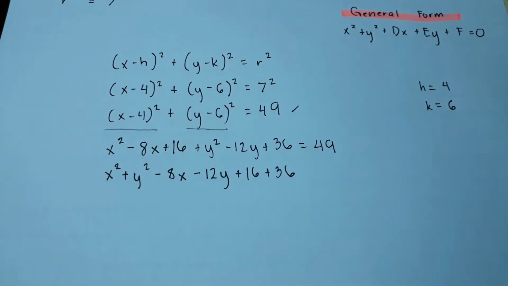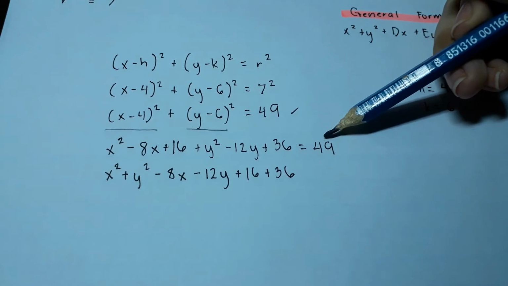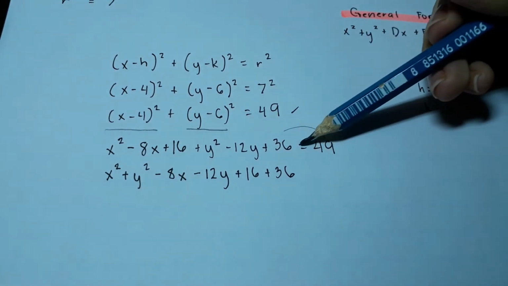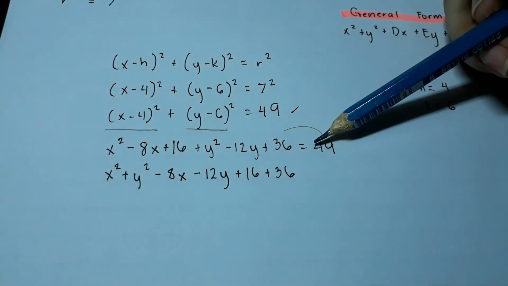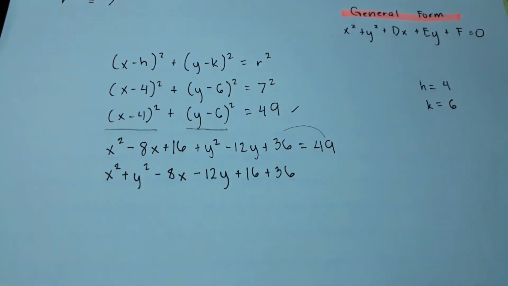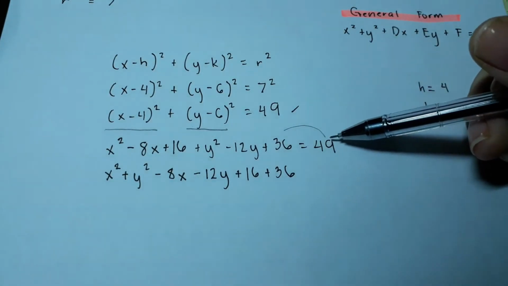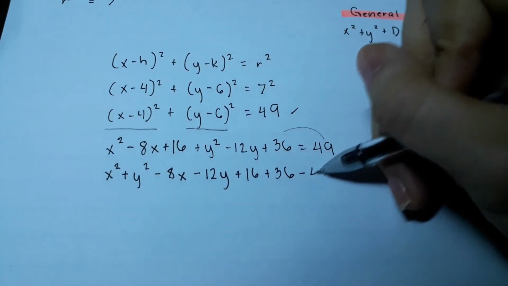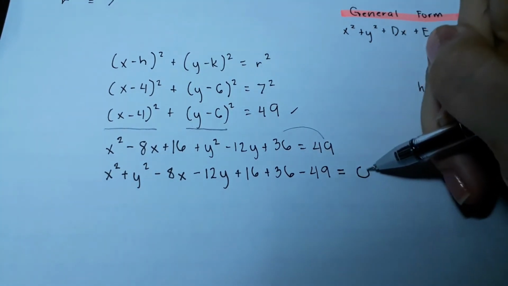Once you transfer a number through the equal sign, the sign becomes the opposite. So we have positive 49. Once we pass it through the equal sign, it will become negative 49. Then the equal, put 0.